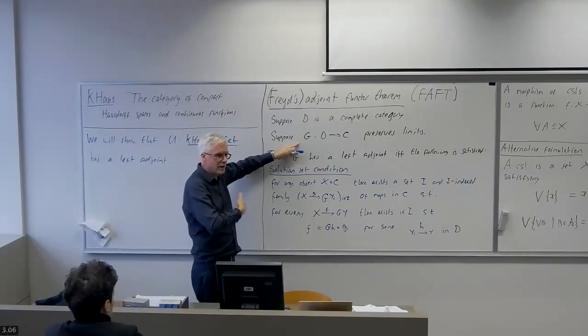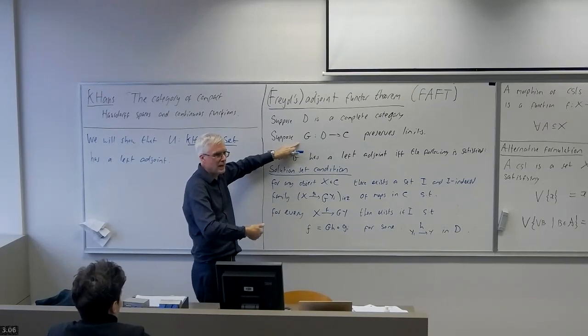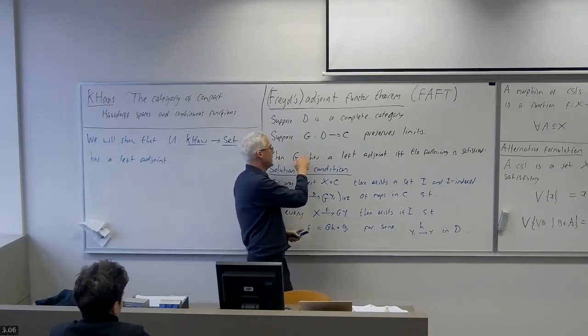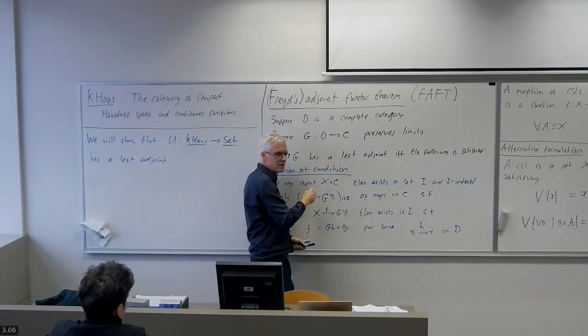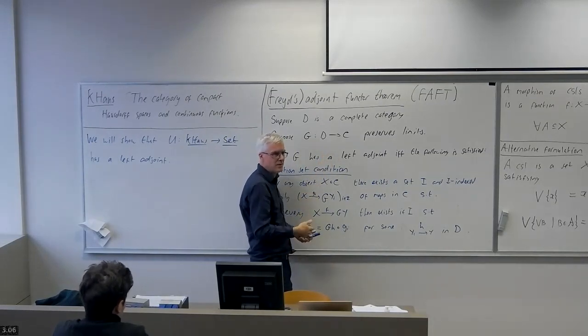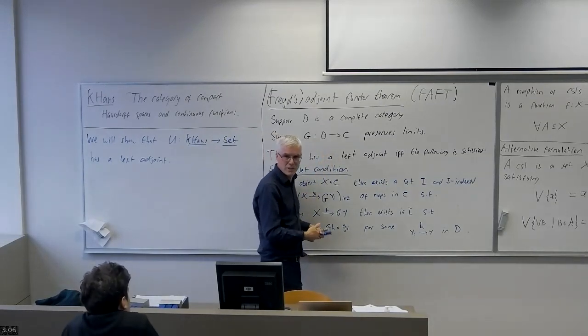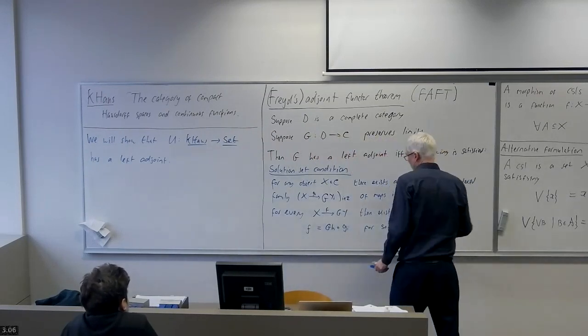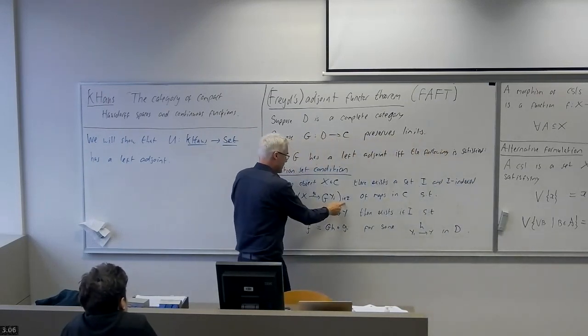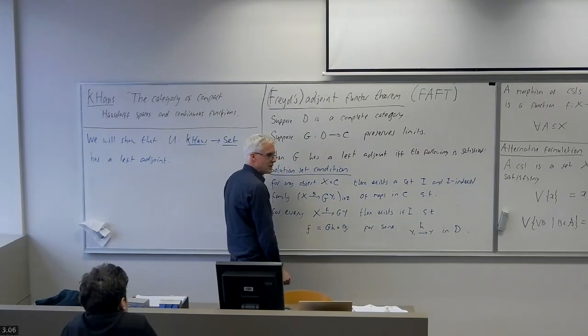An infimum was the supremum of all lower bounds. A similar idea allows us to use limits to find an initial object as essentially the limit of all objects. But it's not all objects, it's all objects in the set index family, to make it a small thing we take a limit of.